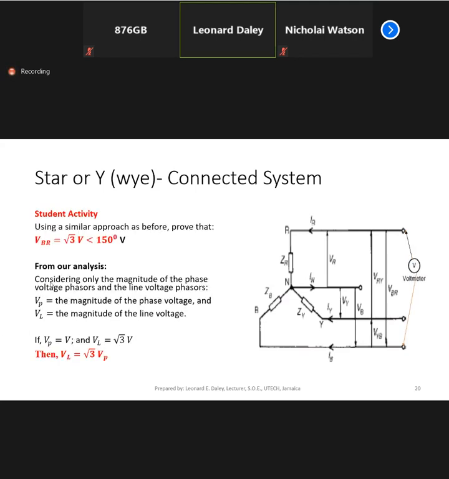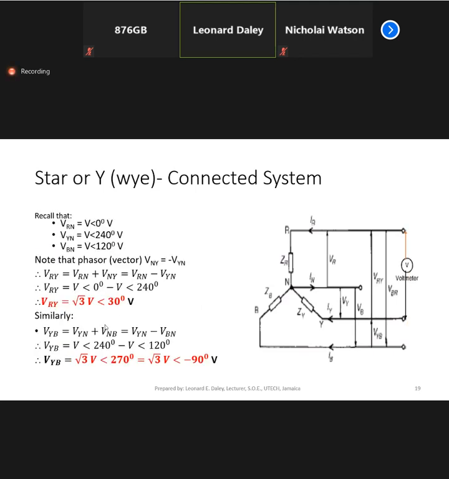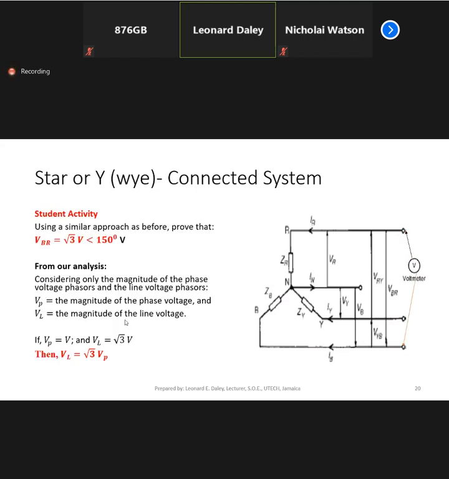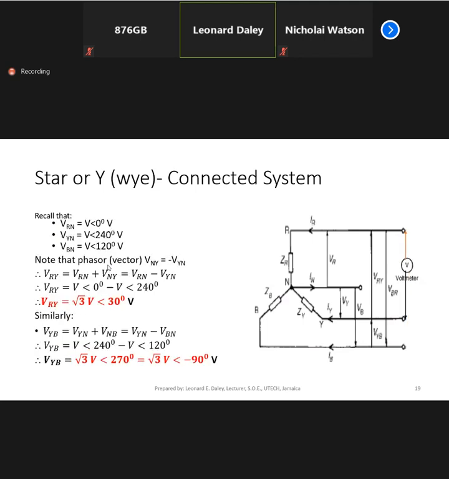So if from our analysis now we find that VBR is equal to root 3 V at angle 150, VYB is root 3 V at angle 270, and VRY is root 3 V at angle 30, if you were to draw these phasors, and we will soon show you them drawn, you would notice something.